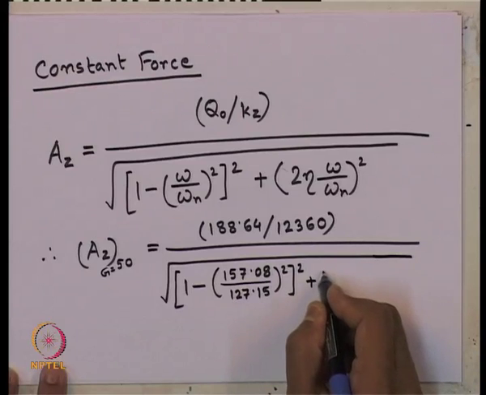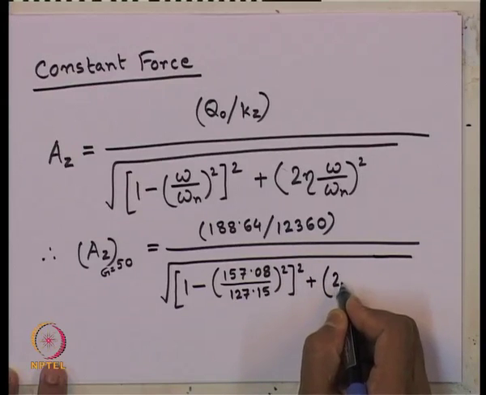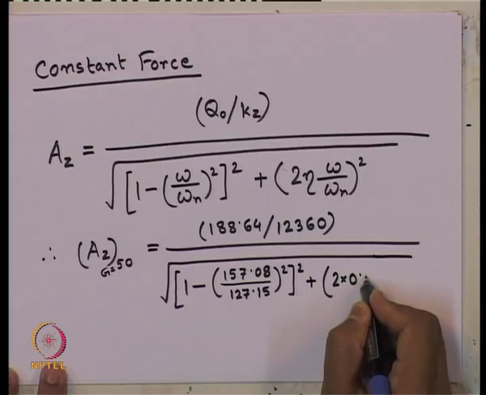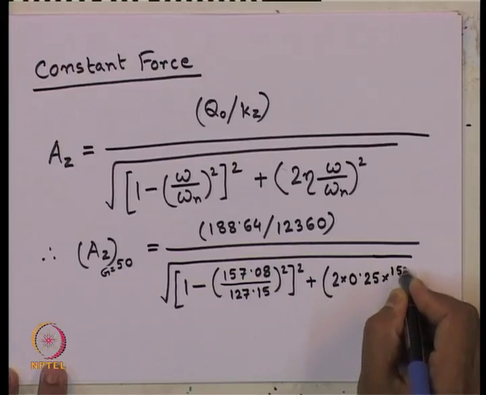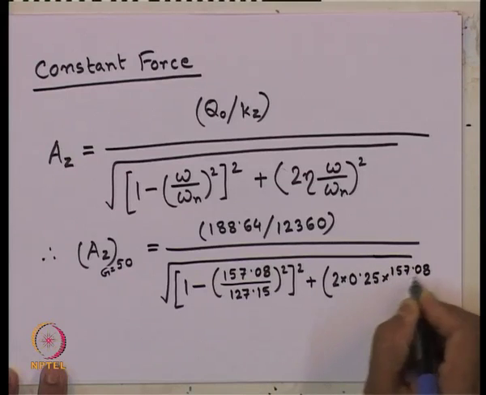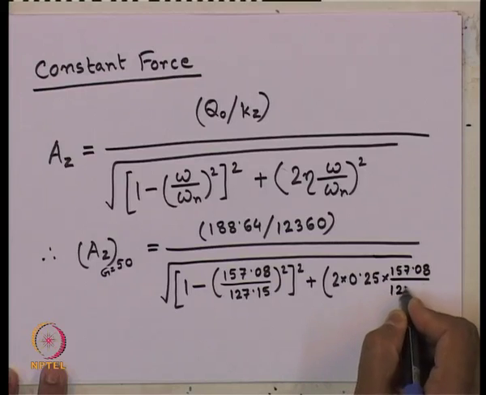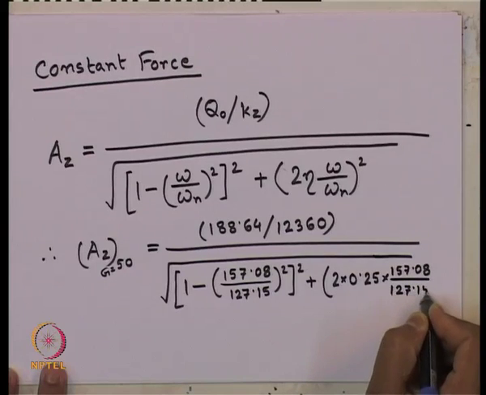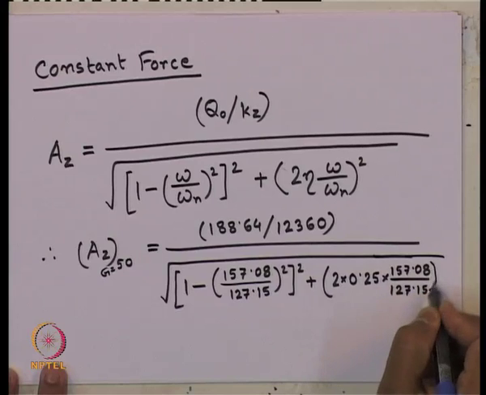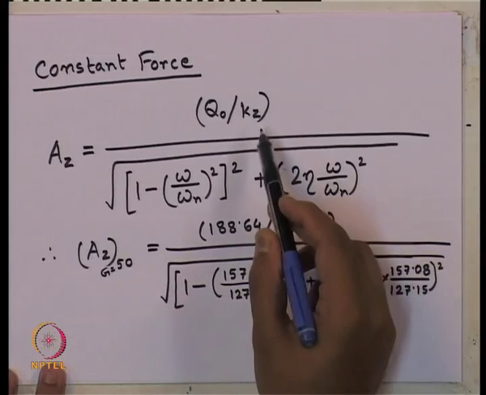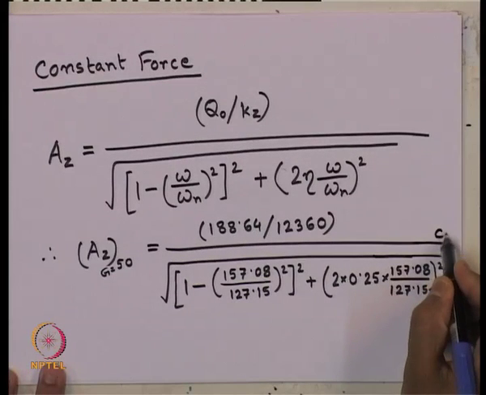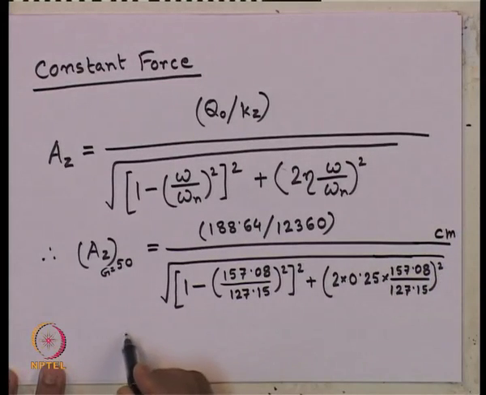Plus 2 eta, where eta is 25%, so 0.25, times 157.08 by 127.15. In which unit should we get it? In centimeter, because our Kz is in kg per centimeter.